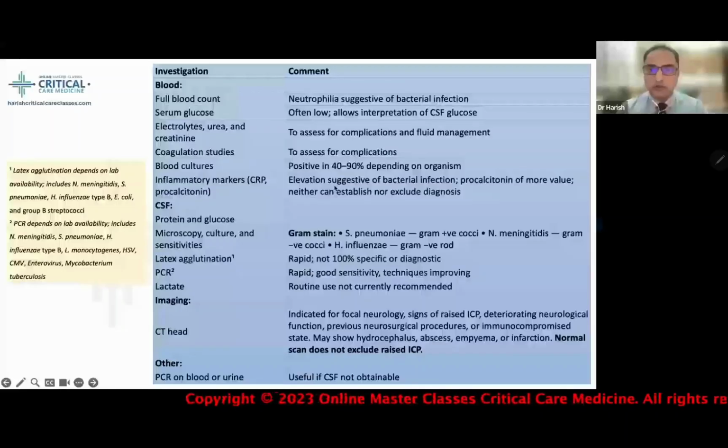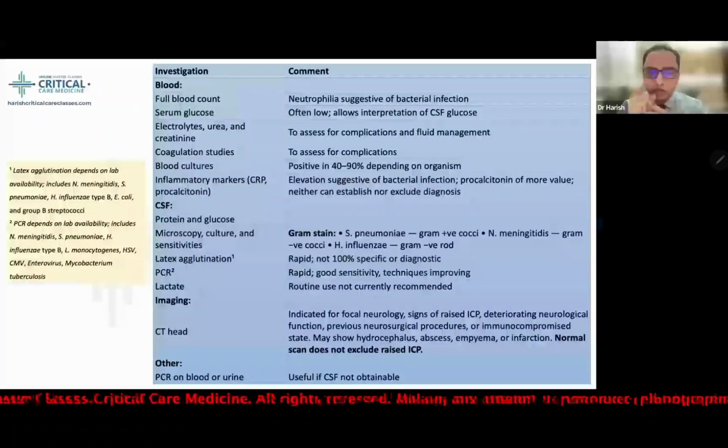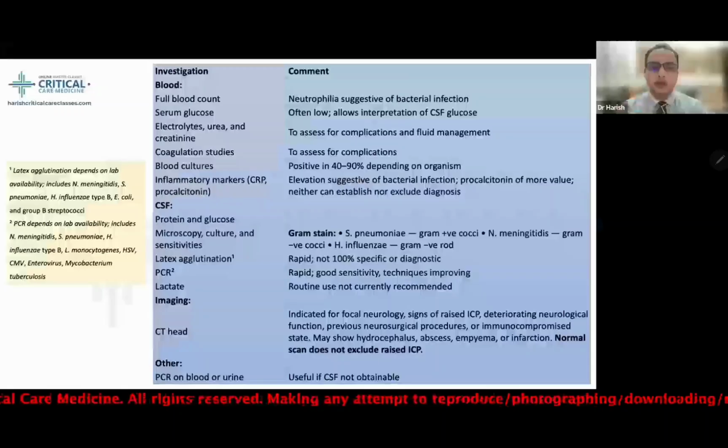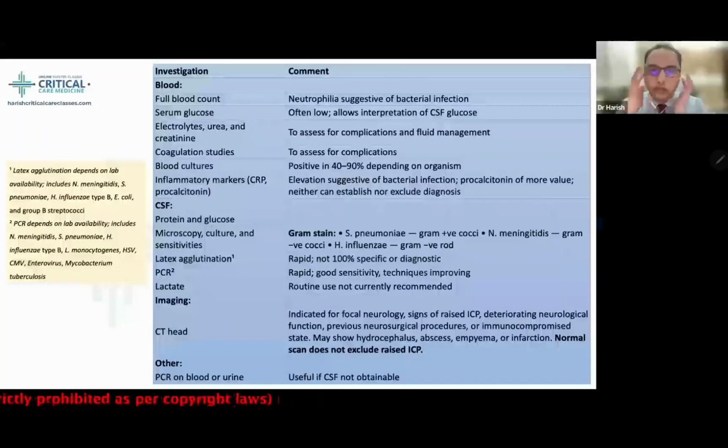Coagulation studies to assess for complications. Culture: even though positivity is around 40 to 90% depending upon the organism, it is mandatory to send a blood culture. Inflammatory markers, as I told, like procalcitonin, don't use them for diagnosis. Usually they are elevated in bacterial infection, but not mandatory. Neither can establish nor exclude the diagnosis. That is very, very important. Procalcitonin or CRP is not a standalone criterion for diagnosis.